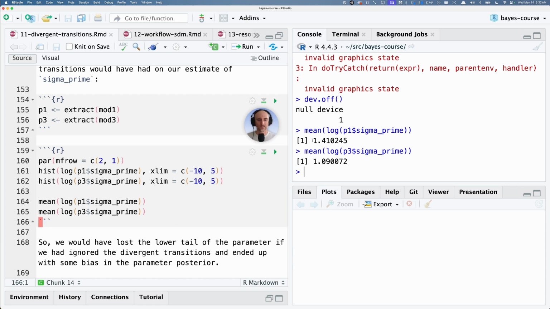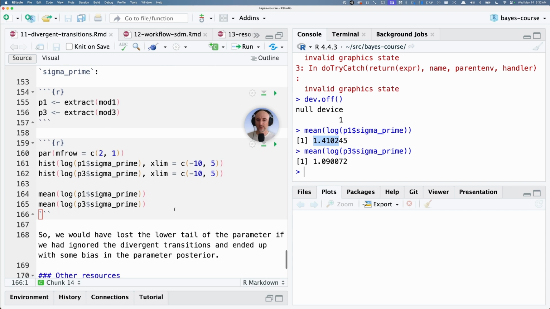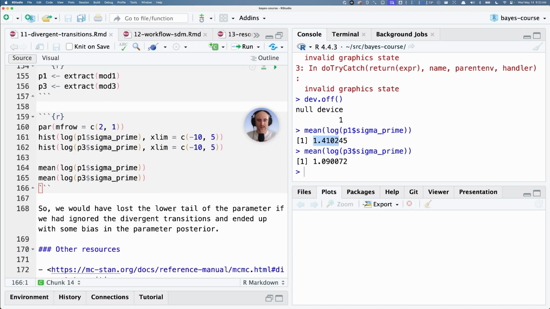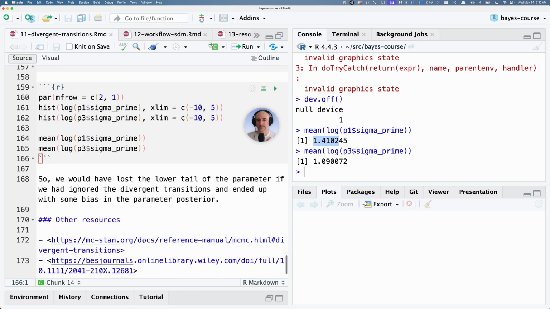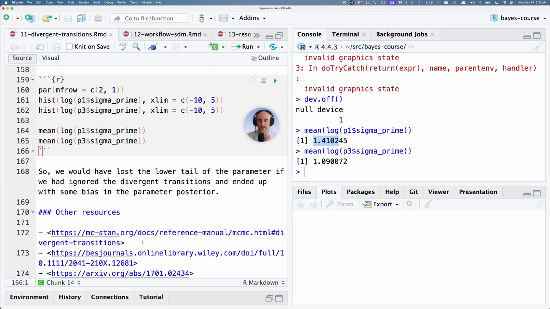So our mean is substantially different, 1.4 versus 1.1. So because we lost that lower tail of the funnel, because of the divergent transitions, we would have a biased estimate of the spread of our random effects. And they'd be biased throughout the rest of the model. It's just harder to pick out one value to illustrate it.